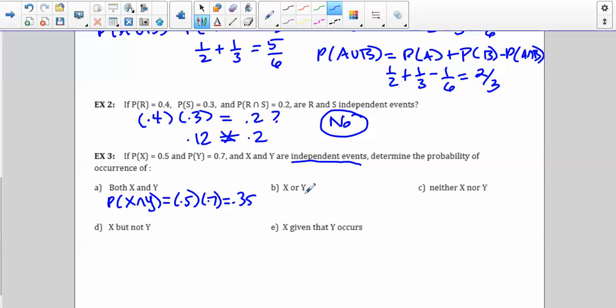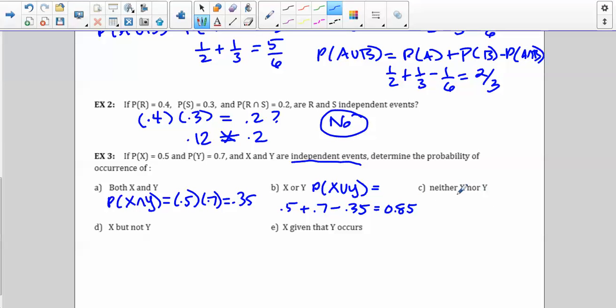The probability of X or Y is going to be the union of X and Y. And that's going to be the probability of X, 0.5, plus the probability of Y, 0.7, minus the intersection, minus 0.35. And that gives you 0.85.